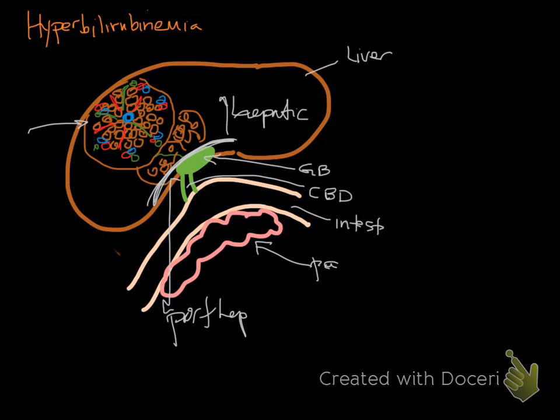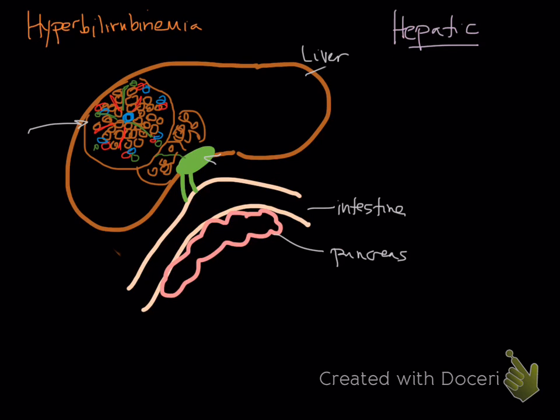So let's talk about how bilirubin increases with hepatic causes. The hepatic cause of hyperbilirubinemia is cholestasis. And I mentioned cholestasis before when we talked about induced enzymes, because what cholestasis is, and I'm going to use a dark gray color, is a blockage of bile canaliculi.